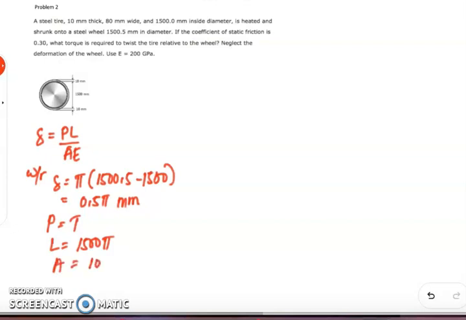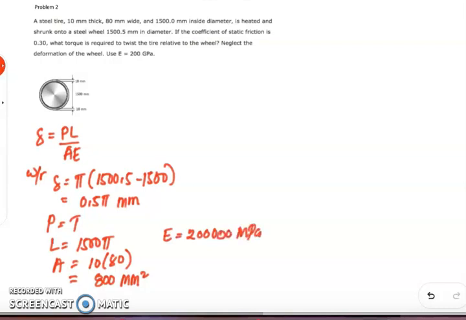And our A, the area, is equivalent to 10 times 80. The thickness of the steel tire is 10 mm thick, and the width is 80 mm. So this gives us 800 mm squared. And of course, we are given our E, which is 200,000 megapascal.